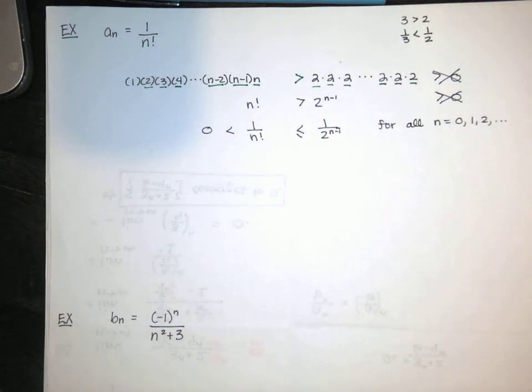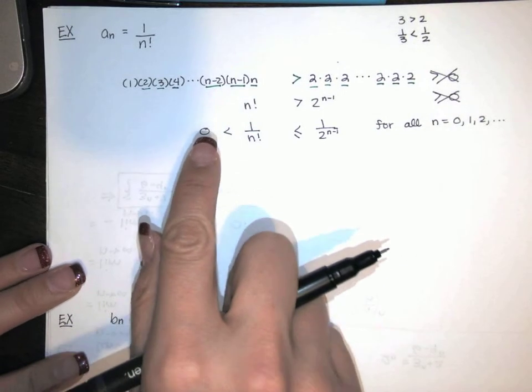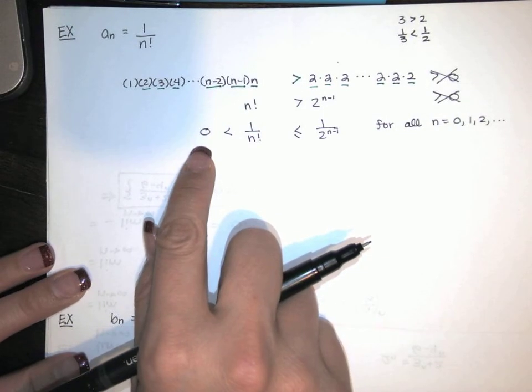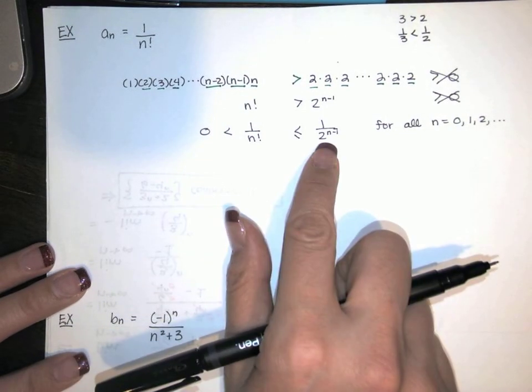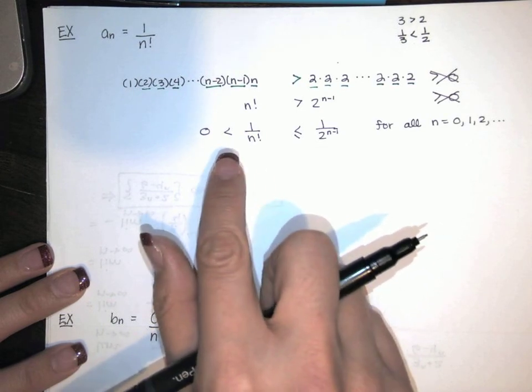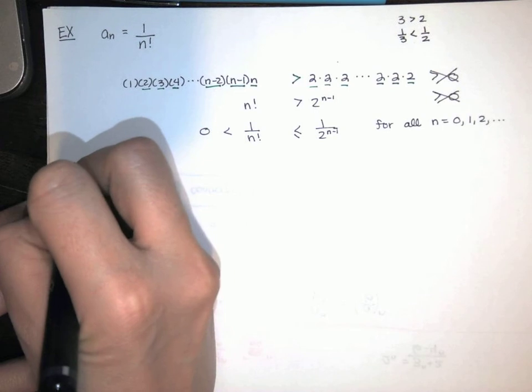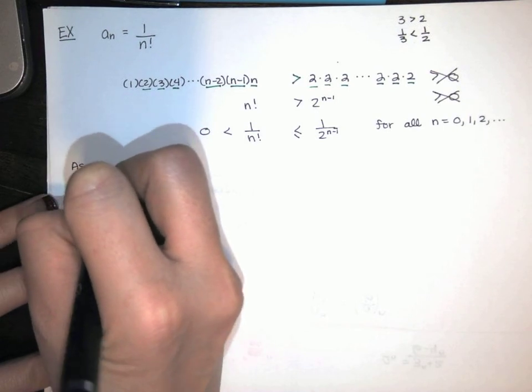There we go. Okay, now by the squeeze theorem, if the limit of this sequence of zeros exists and the limit of this sequence exists, then the limit of this sequence exists, and it has to be the same as the limit of these two guys. So let's assume that all three limits exist.